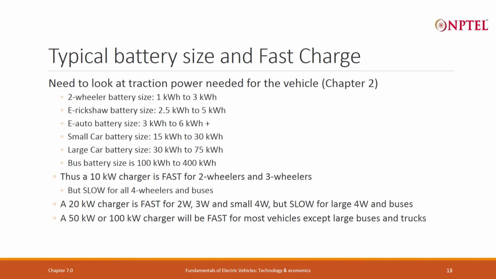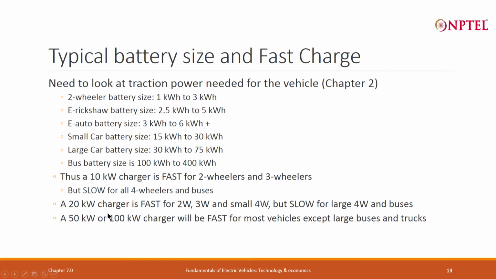Thus, say a 10 kilowatt charger will of course be fast for the 2-wheeler, 3-wheeler, but will be a slow charger for 4-wheelers and buses. So, the same charger can be a slow charger or a fast charger.